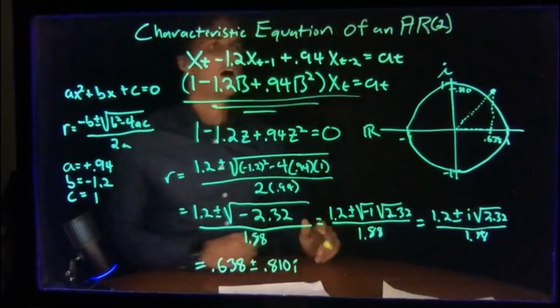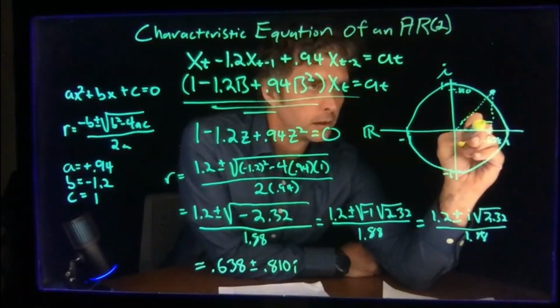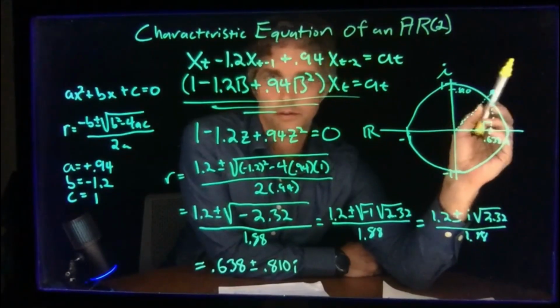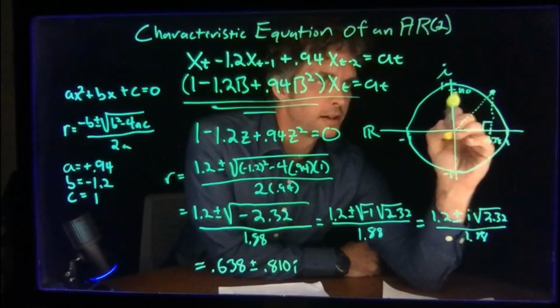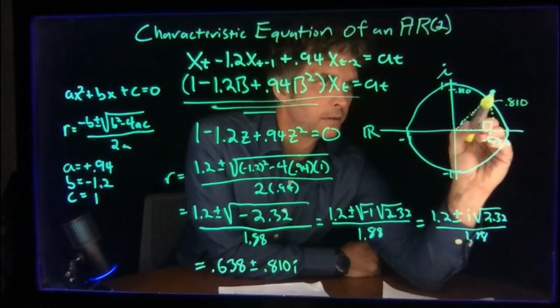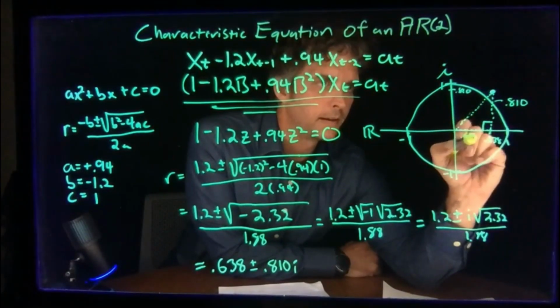This is just a right triangle, and we're trying to find that distance. Clearly that distance is bigger than 1, but let's go ahead and show it. This distance here is 0.810. From here to here is 0.810. From here to here is 0.638.